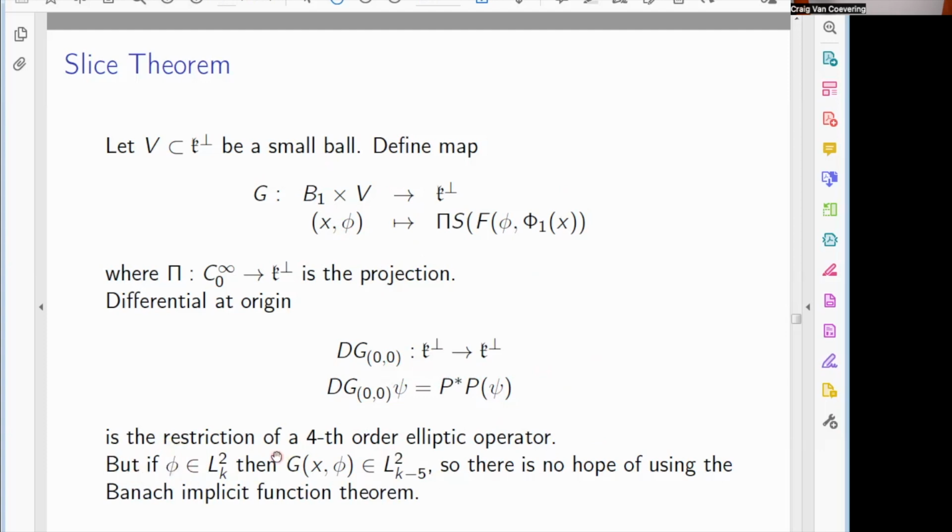If you try to use Banach spaces here, not Hölder spaces but Sobolev spaces, then this nonlinear map is elliptic in phi if you differentiate it here.